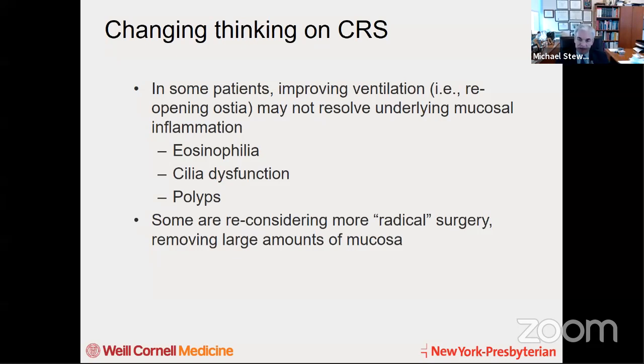Similarly, some patients need a large maxillary antrostomy, but not everyone does. And in fact, some patients may be harmed by making too large of an opening because the airflow into the sinus will cause ciliary dysfunction. So this is not what we call in the US one size fits all. But in fact, the concept of more radical surgery in some patients is probably appropriate.